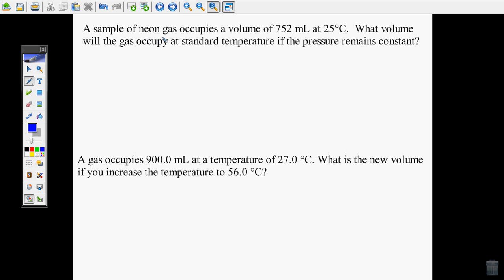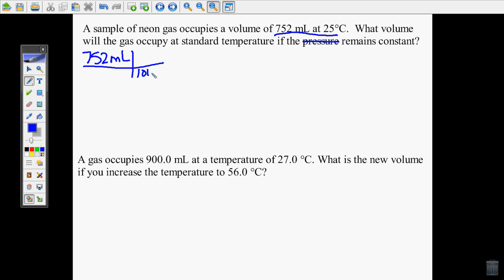A sample of neon gas occupies a volume of 752 milliliters at 25 degrees Celsius. What volume will the gas occupy at STP if the pressure remains constant? So when it says something remains constant, that means you don't worry about it. So we're not going to worry about pressure. We do, however, have to worry about converting these. So we need to convert 752 milliliters to liters.